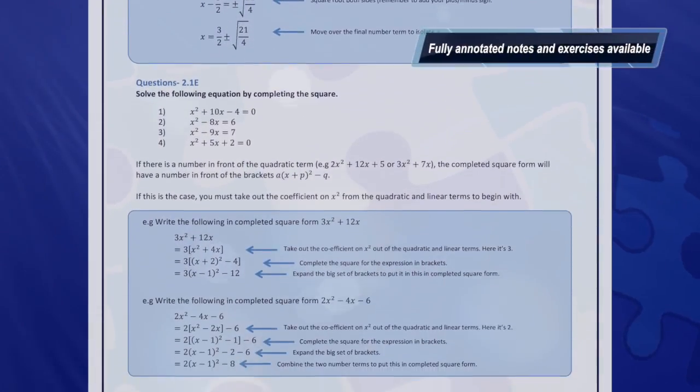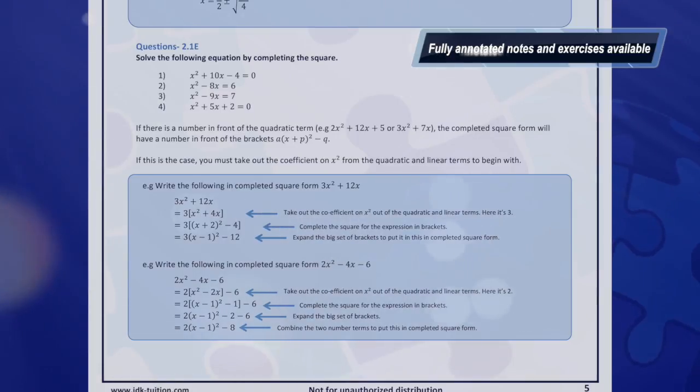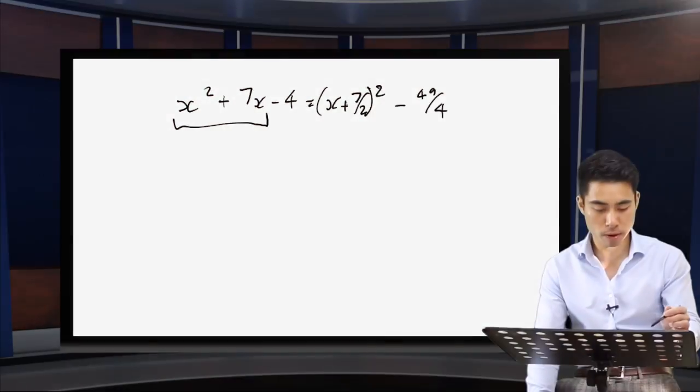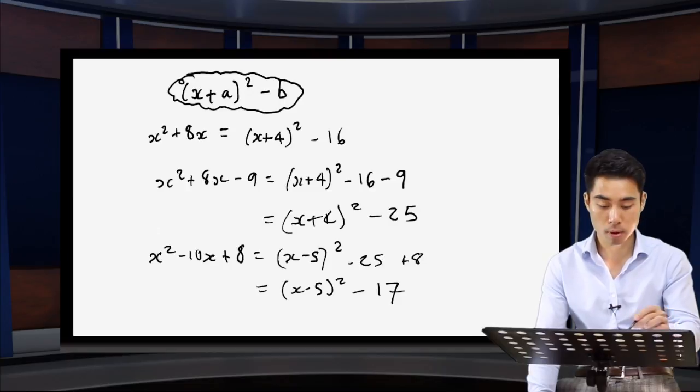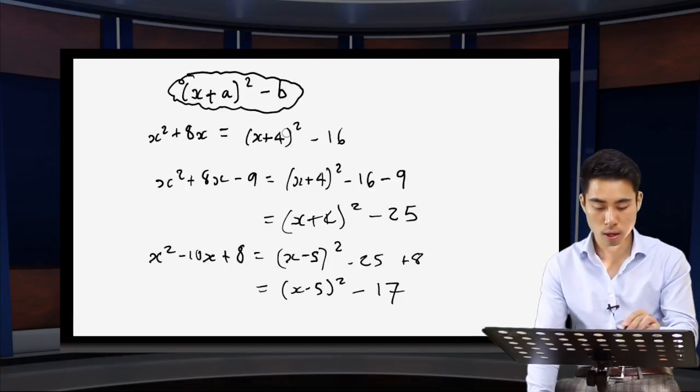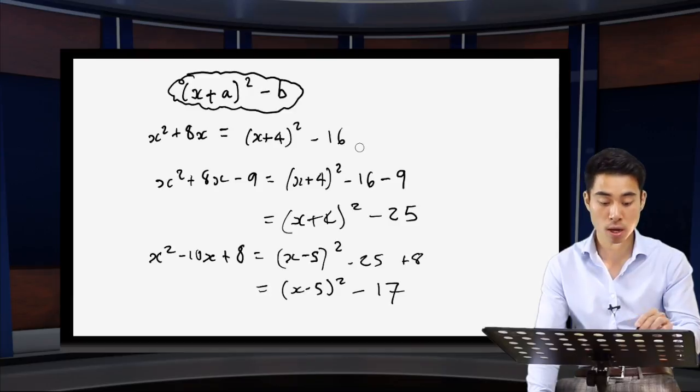So if you think back to our previous examples, notice the thing that we would subtract to get back to our squared term and our linear term was just whatever's in this bracket squared. So here 4 squared gives me 16, I need to subtract 16.